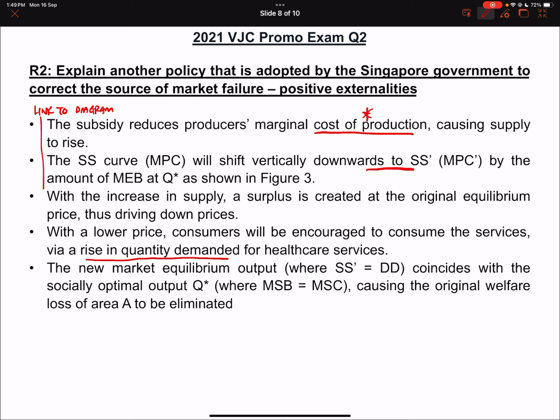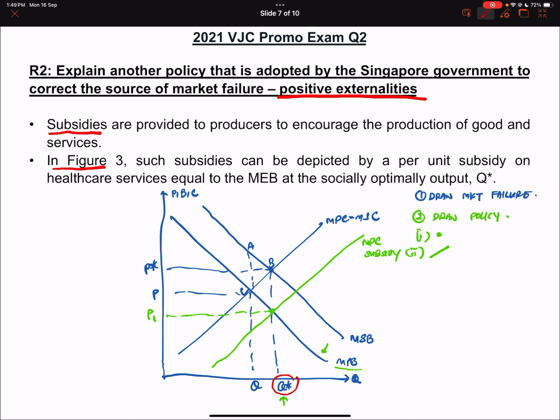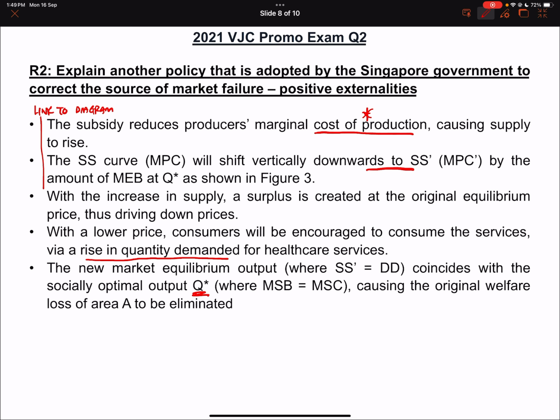The new output will be at Q star here, and therefore it will eliminate the market failure. Be careful, there's no need to use your own words here. For subsidies, it's quite standard, which means you probably need to memorize it.